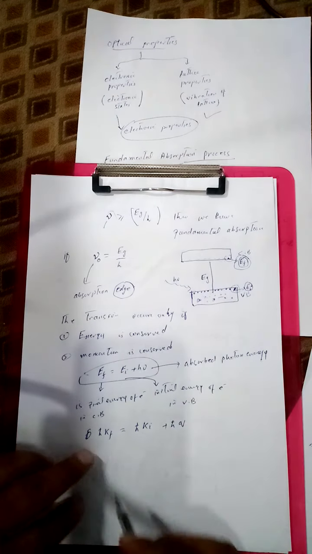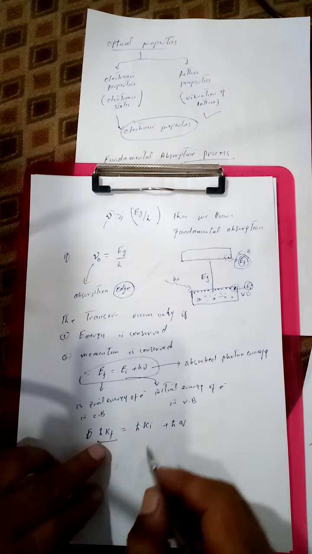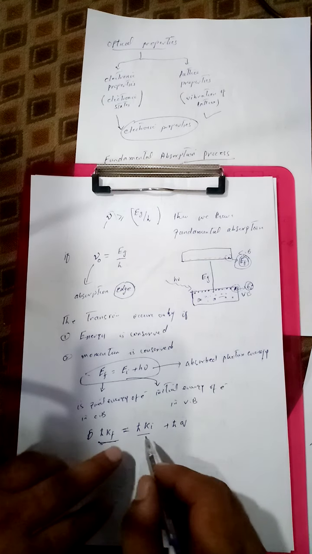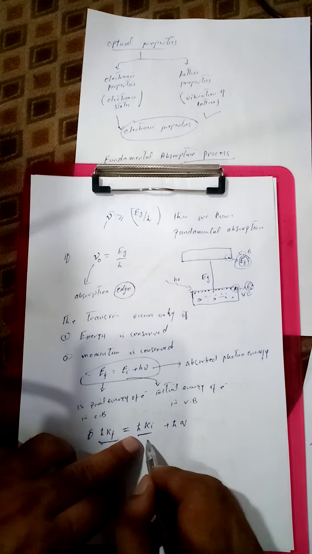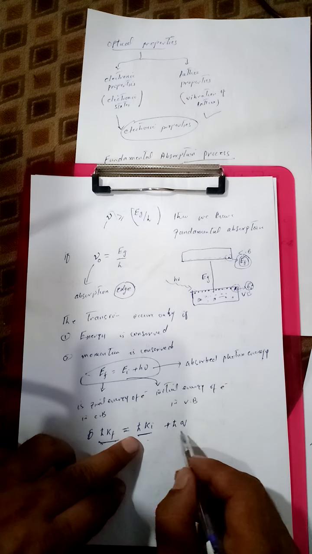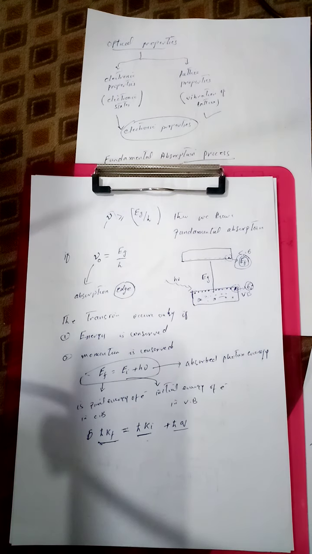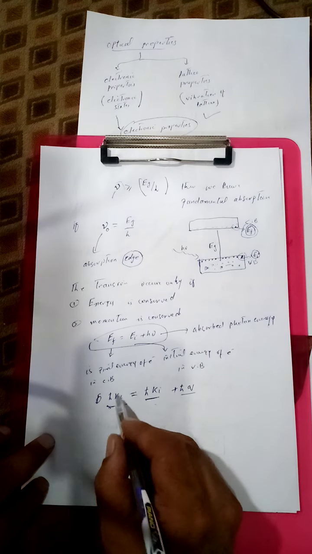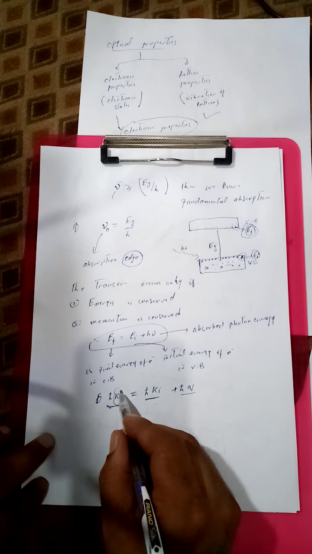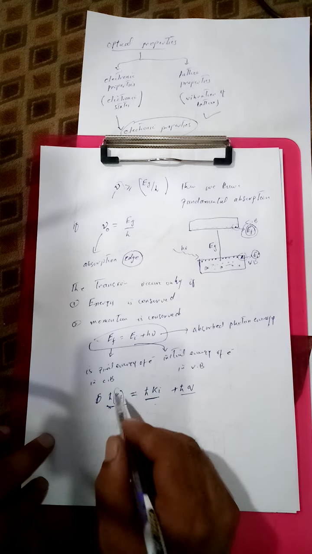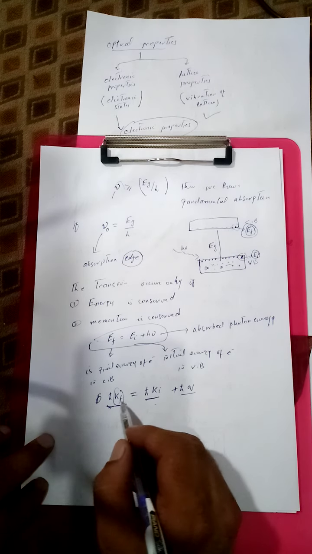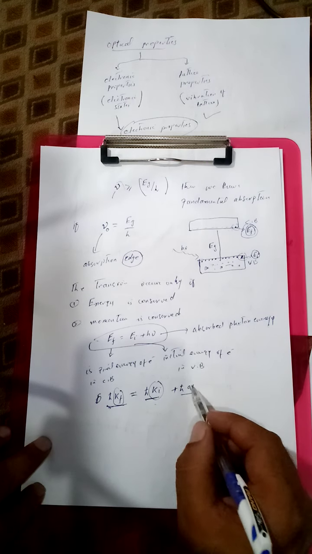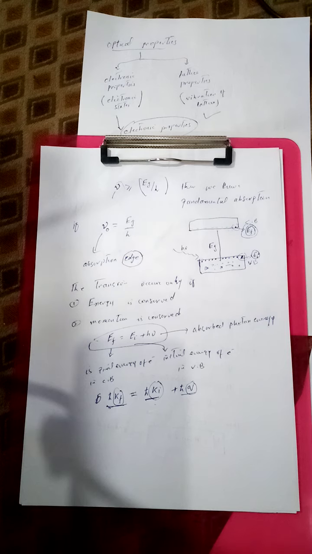The momentum of the electron in the conduction band will be equal to the momentum of the electron in the valence band plus the momentum of the absorbed photon. Here kf is the momentum of the electron in the conduction band, ki is the momentum of the electron in the valence band, and q is the momentum of the absorbed photon.